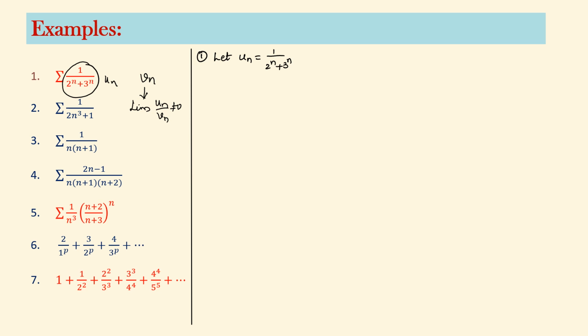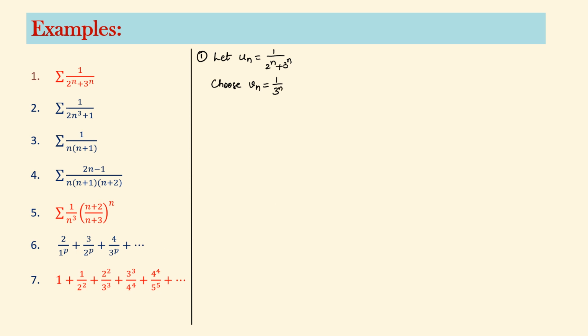So all the problems are like this only. Except for the first one, for the rest of the questions, choosing Vn is quite easy. Here we'll choose Vn is equal to 1 by 3 power n.